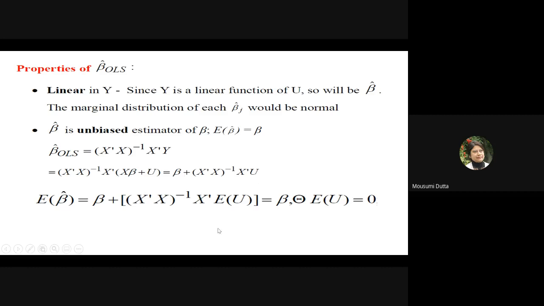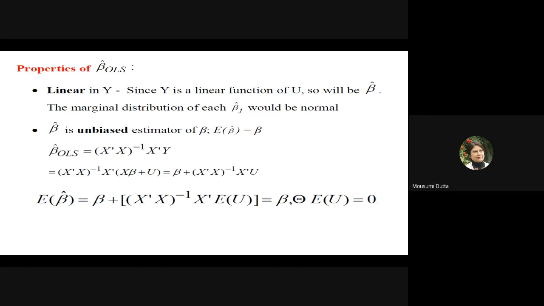Expectation of the U vector is equal to a null vector. If we put that value, the second term will vanish and we will get expectation of beta hat vector equal to beta vector.